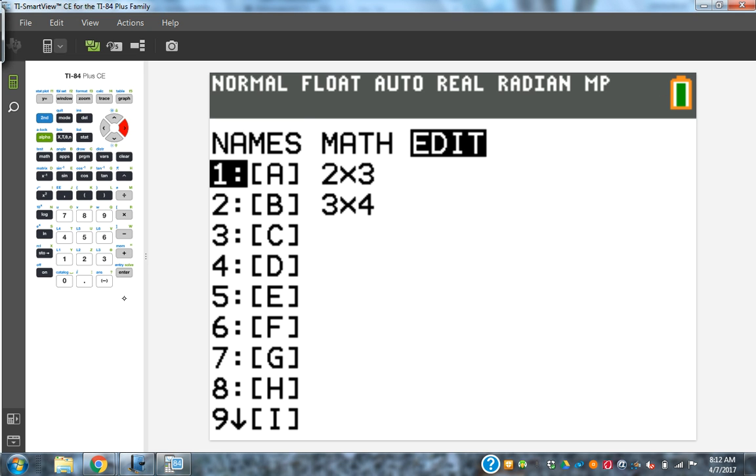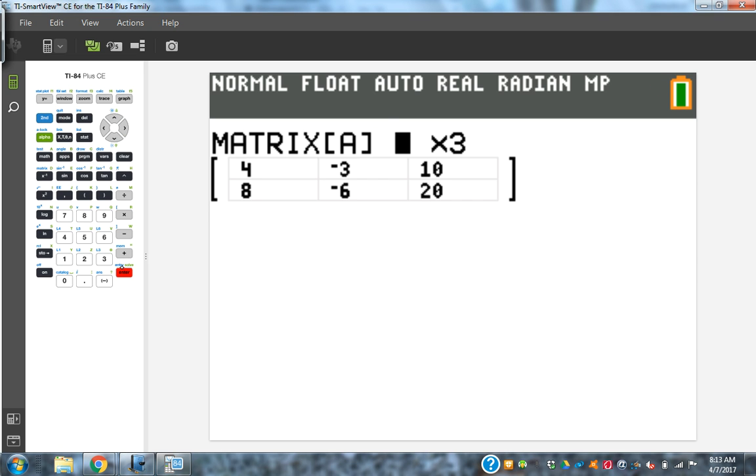And my matrix A is a 2x3 already. It really doesn't matter. I'm just going to pick one of those. And then it's automatically going to ask you what size do you want. So if it's not the size you need, you change it right here. So we need a 2x3, so we'll type a 2 there. If there's a number already there, just type over the top of it. It overwrites it. So 2x3.